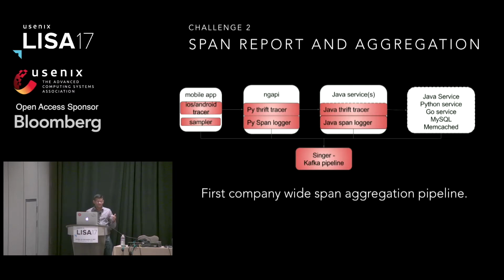And finally we did it, and once we did it, we hit another bottleneck, which was that we have about 50,000 hosts, and all these hosts now start writing to Kafka pretty much constantly, and Singer was not tuned for that, so we had to change Singer a little bit to make that work. So we built the first company-wide event aggregation pipeline as part of this project, which was very illuminating for us.